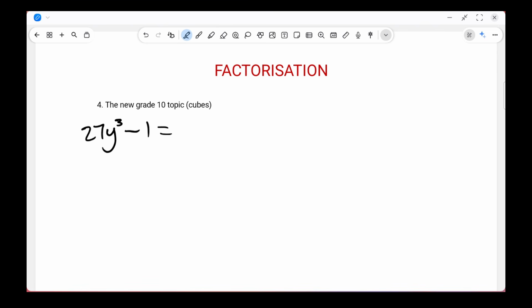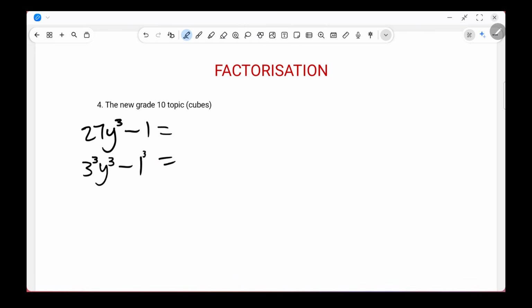Yes. The cube root of 27 is 3. 27 can be written as 3 cubed. And then our equation will look like this. And then the cube root of 1 is 1, always 1. Whether we write 3 on top, it is still the same.